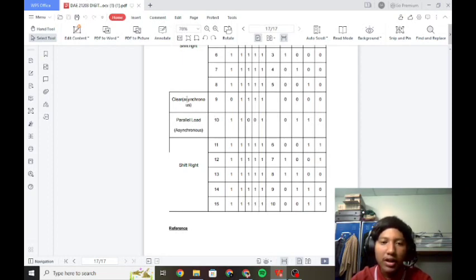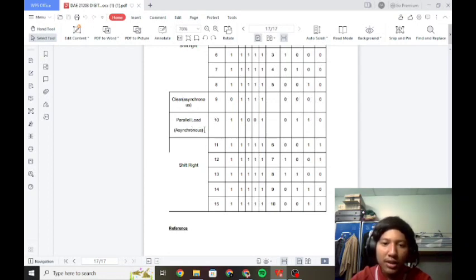Next is clear asynchronous. That means we will turn off the clear and make it 0 at line 9. When the clear is 0, input at A is 1, B is 1, C is 1, D is 1. The output that we will have is 0, 0, 0, 0.